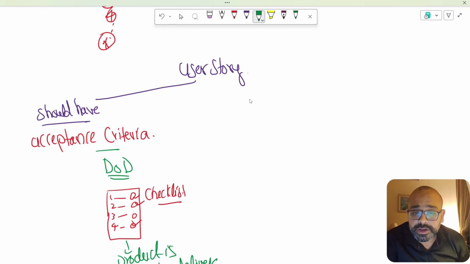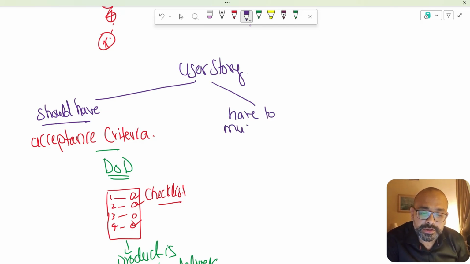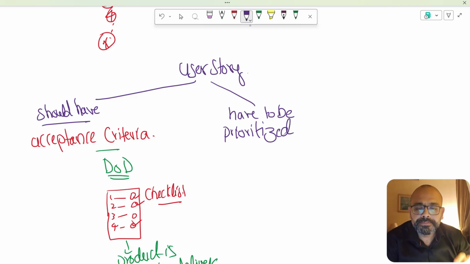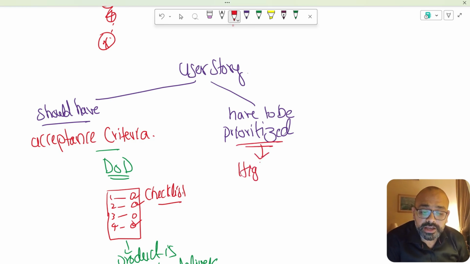Coming back over here, every user story must have to be prioritized. Must have to be prioritized means you will see based upon high value and high risk.